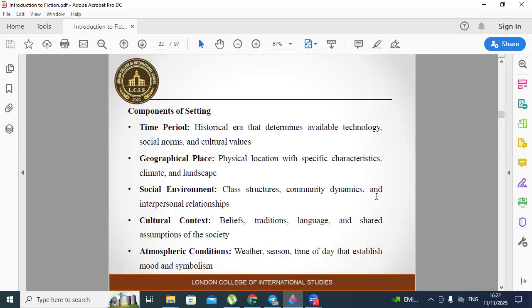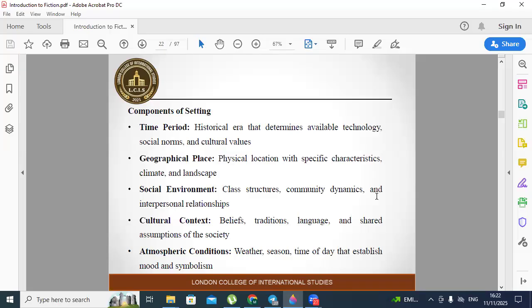Geographical place, physical location with specific characteristics, climate and landscape. Mountain environments differ from coastal ones, urban from rural, tropical from Arctic. Geography shapes daily life, economic possibilities, and even metaphorical meanings.